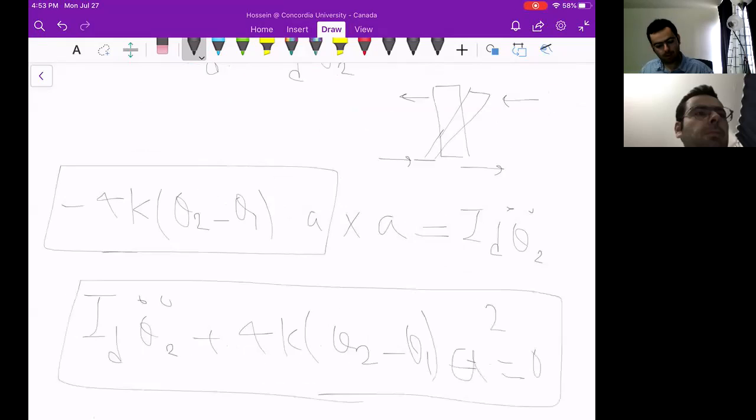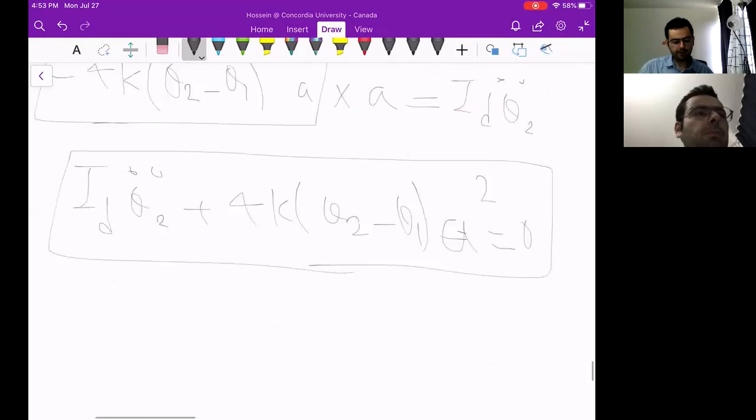The next step would be transferring the linear equations of motion into matrix format.